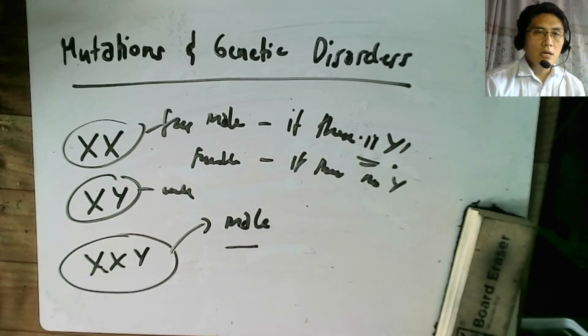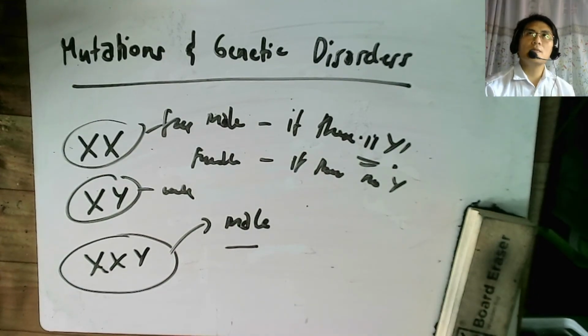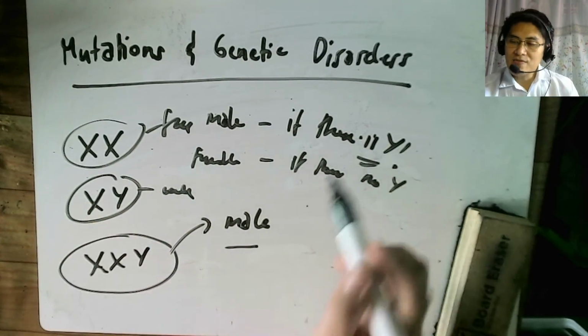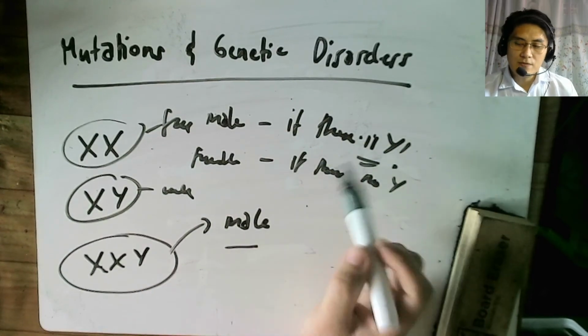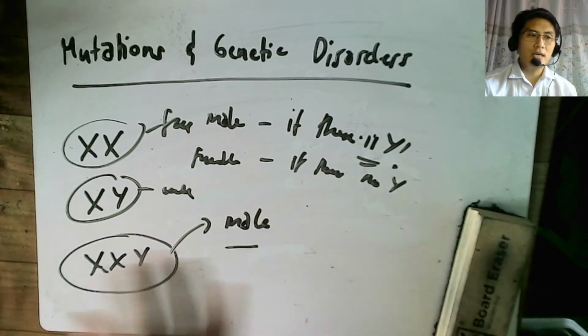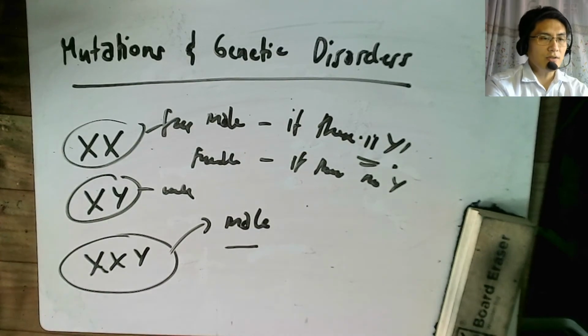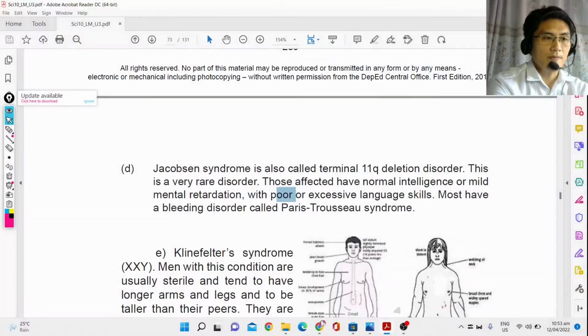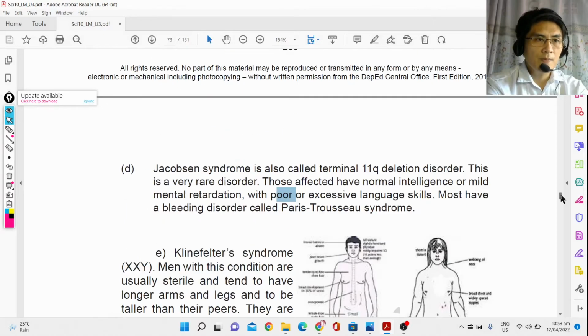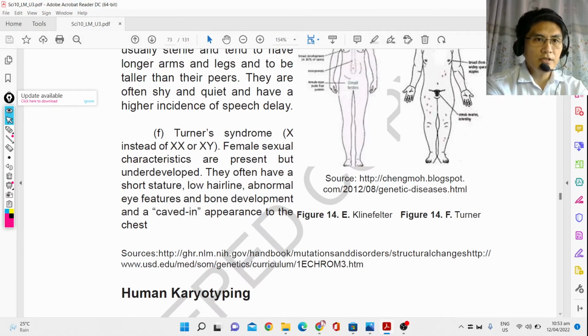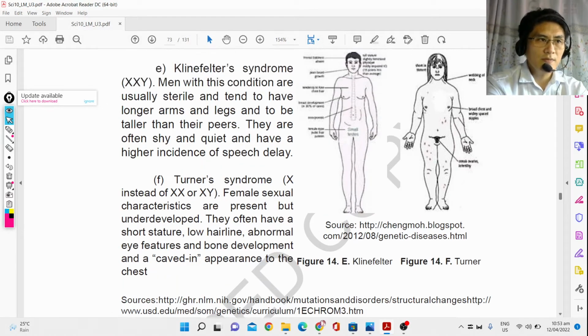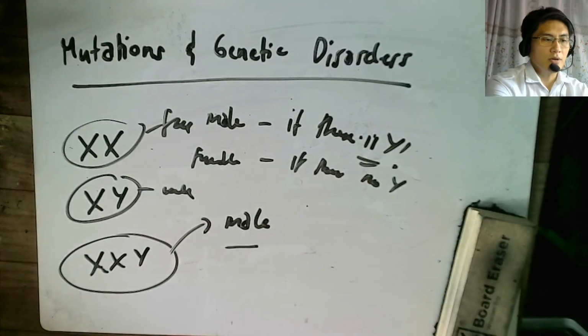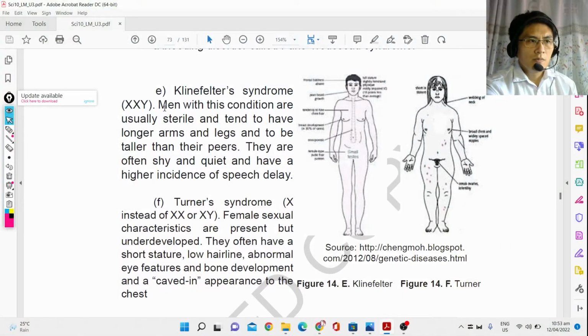So again, if we define gender from the chromosome standpoint, if there is a Y chromosome, it is male. If there is no Y, it is female. I will read this one because you might be wondering why this is specified as men with this condition.